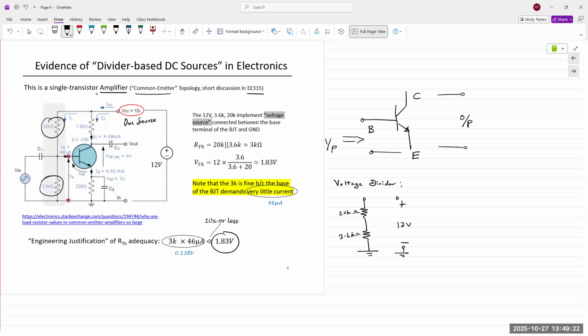And so that's an application. That's a very common application of resistors.